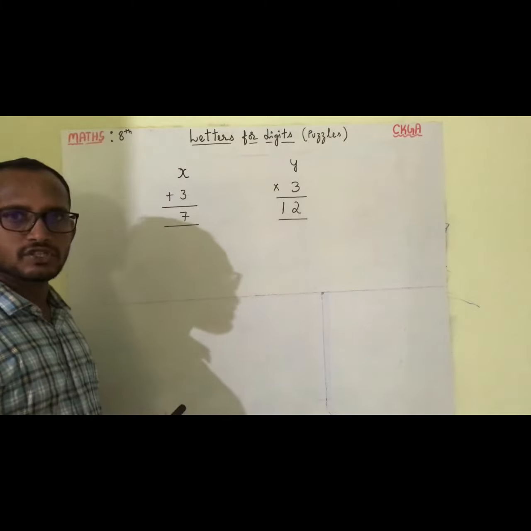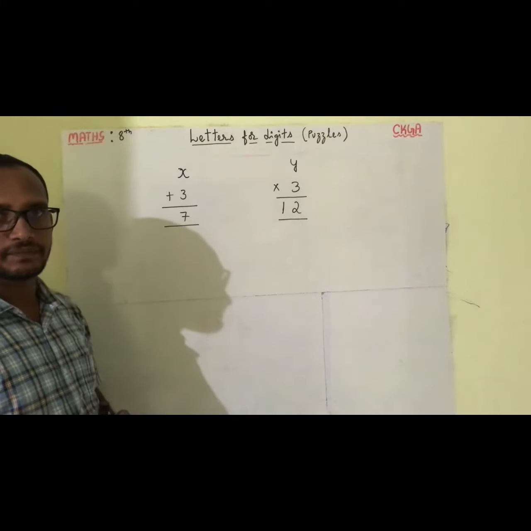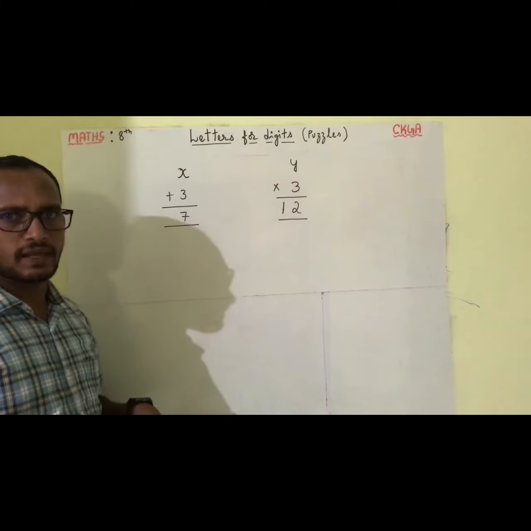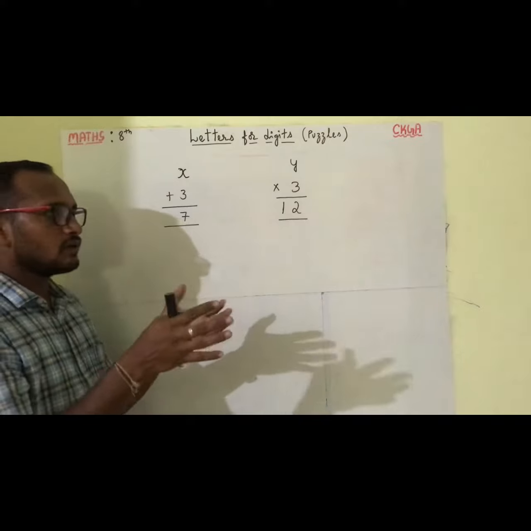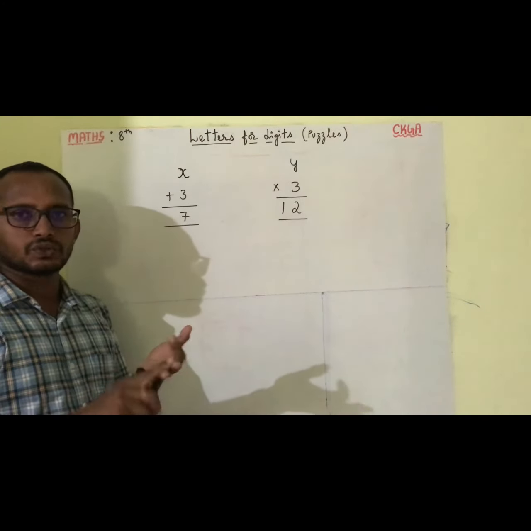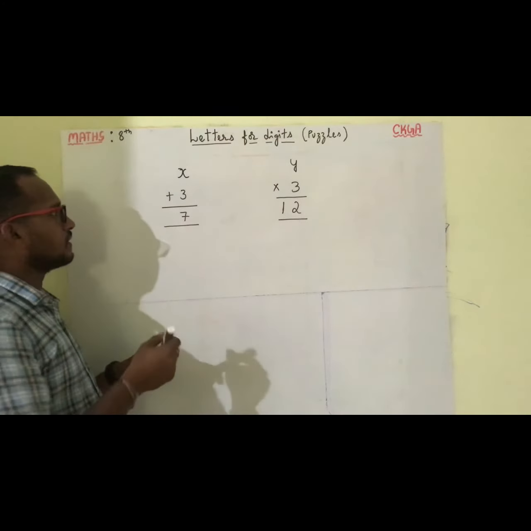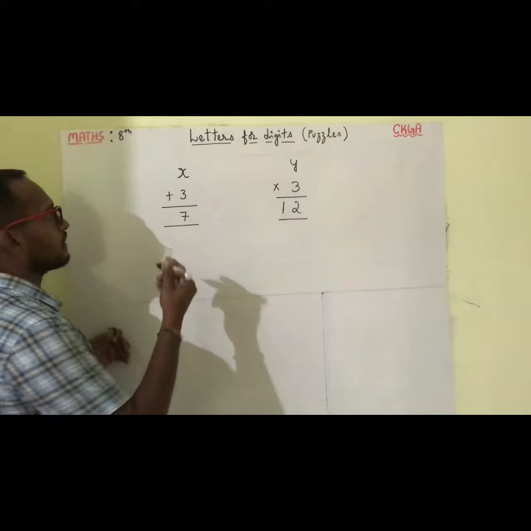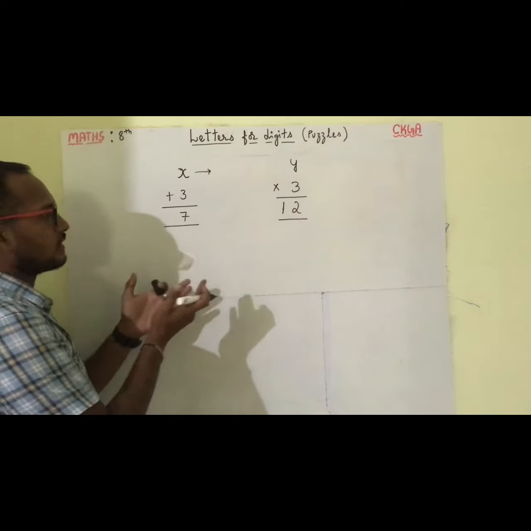It's a simple equation. In the place of x, what digit might appear? If you keep putting different digits like 1, 2, 3, 4 and so on for x, one value is going to balance it.